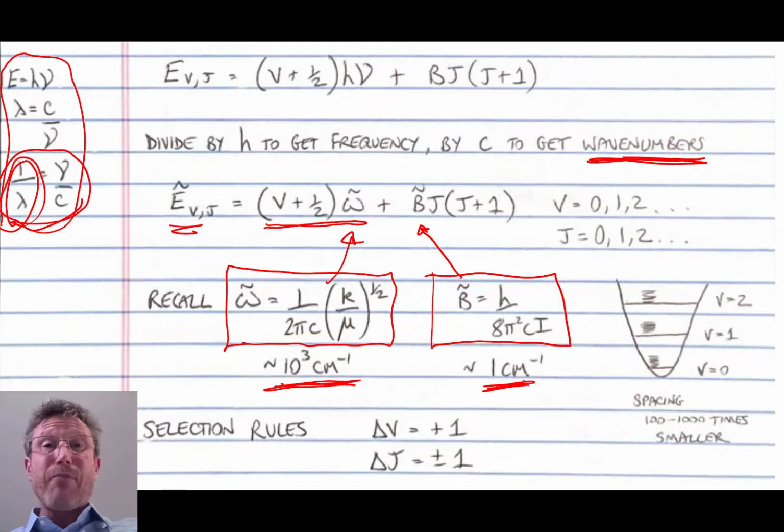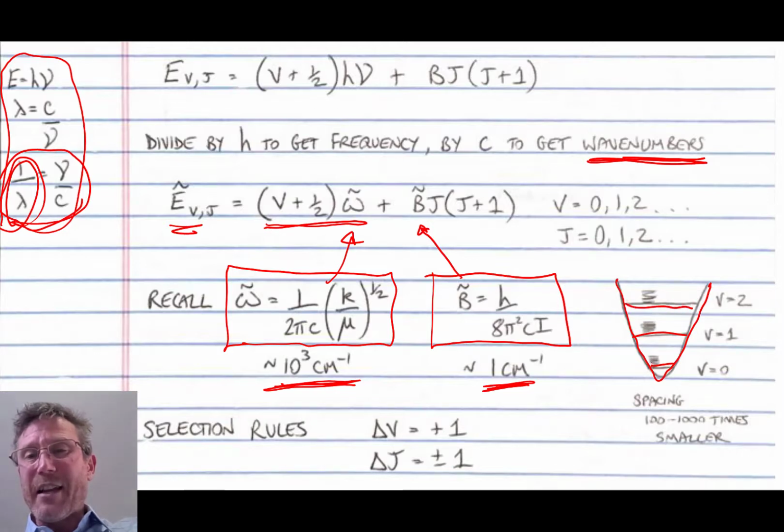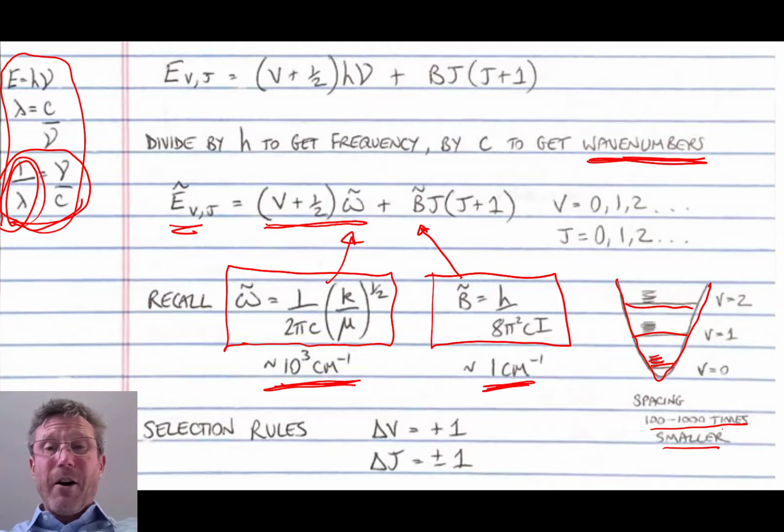So if a transition might include a vibration and a rotation, here's our vibrational energy curve, and we start to see these individual rotations, about 100 to 1,000 times smaller in size, that sit on top of the vibrational energy levels. I'm kind of confusing things with the red lines, but this is what we see.